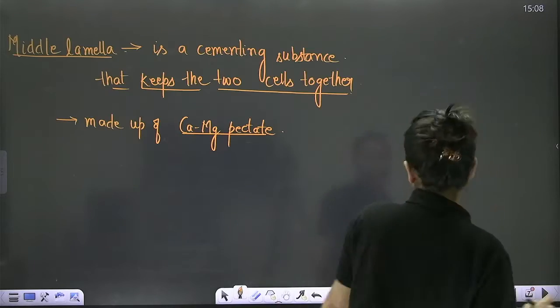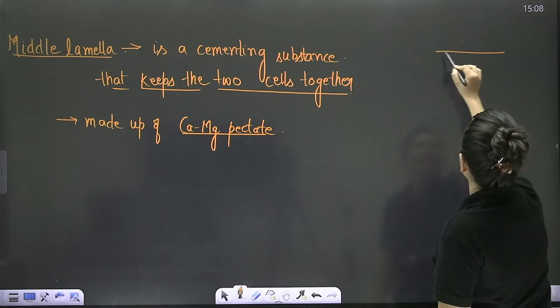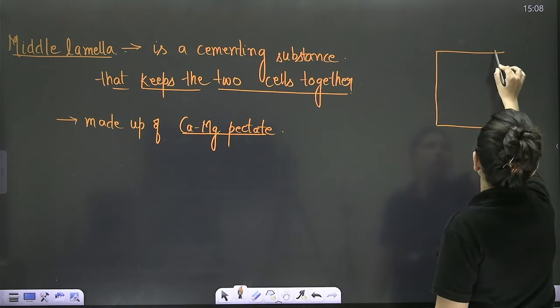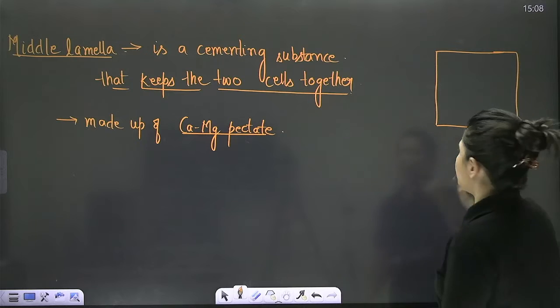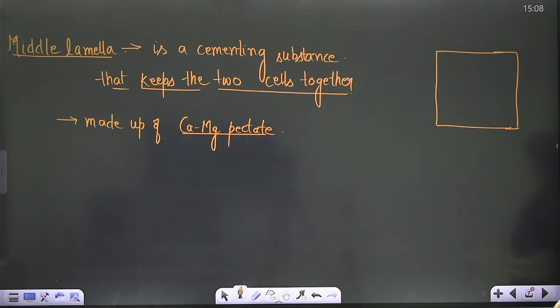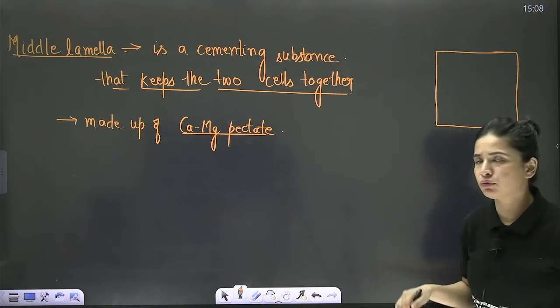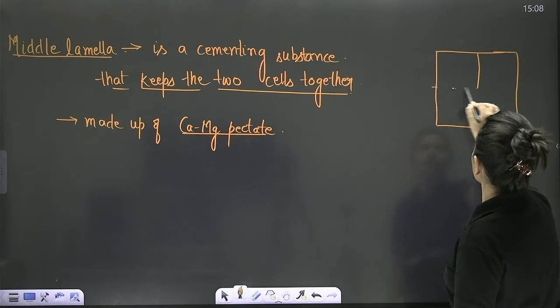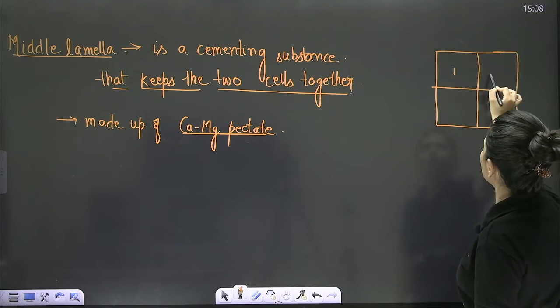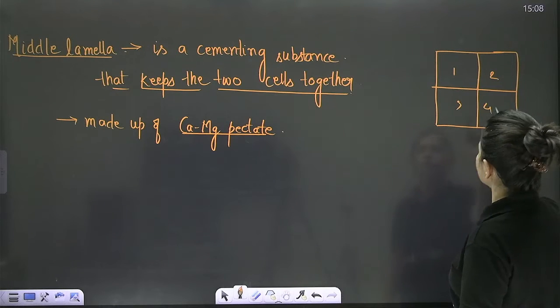Suppose this is the plot, a piece of land that I had, and I wanted 4 rooms on it. So I will build 4 walls. Yes, this is 1 room, 2 room, 3 room, 4 room.